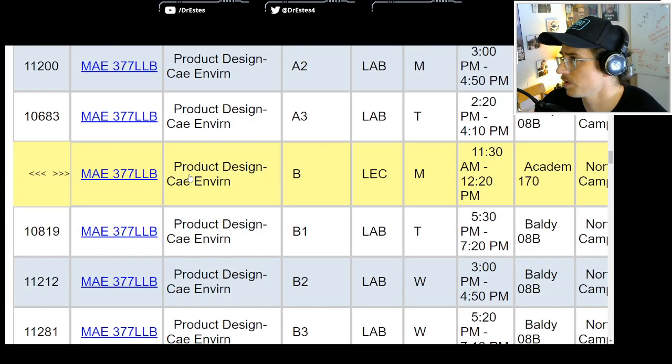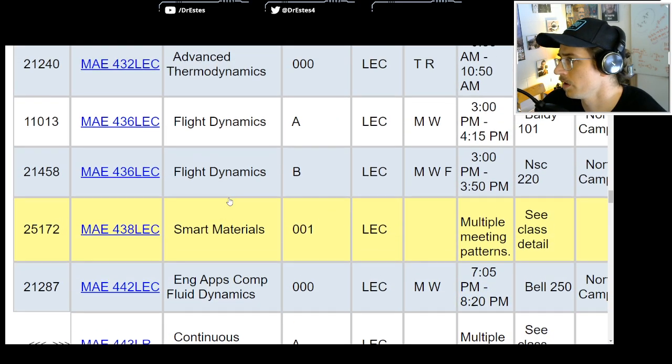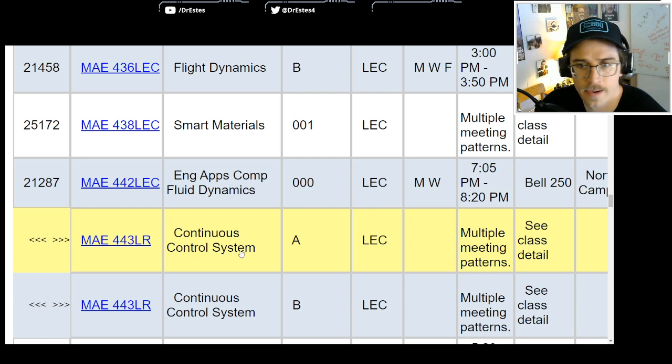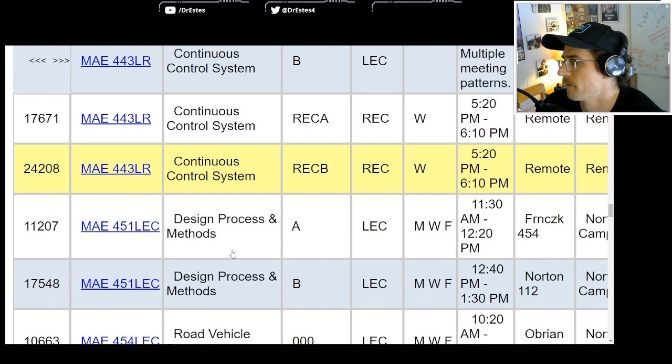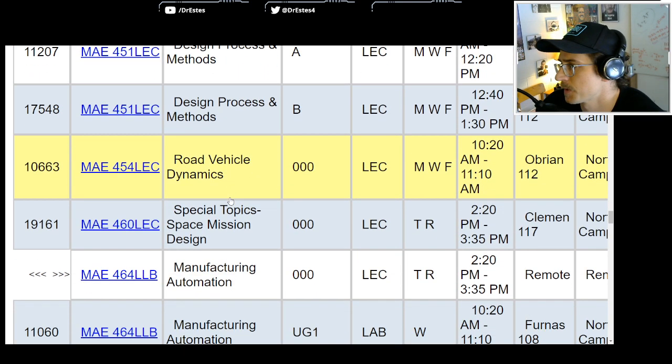In the fall, you can take continuous control systems. These are very much dynamic systems. Road vehicle dynamics, if you like dynamic systems.